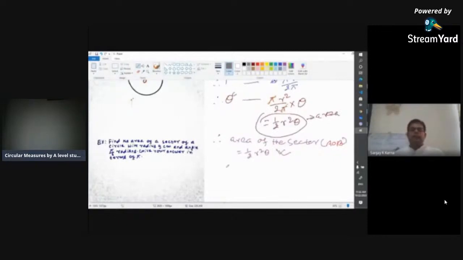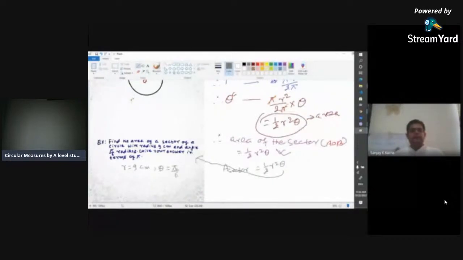So we now have the area of the sector as half r squared theta. Let's apply this formula to a problem. This problem says: find the area of a sector of a circle with radius 9 centimeters and angle pi by 6. So r is given as 9 centimeters and theta is given as pi by 6.